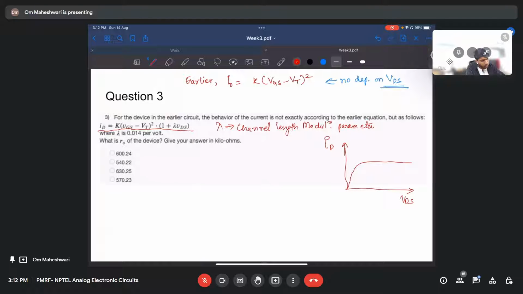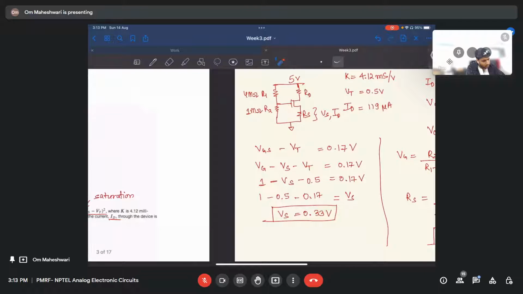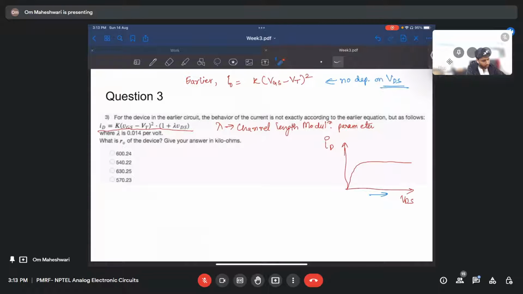In saturation, when VDS was increasing, ID would remain constant due to this equation. But now there is a factor 1 plus lambda VDS due to channel length modulation.